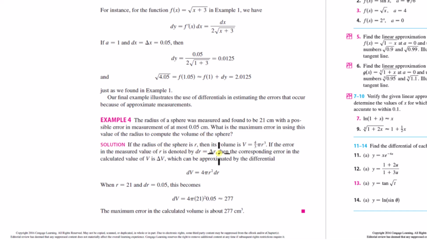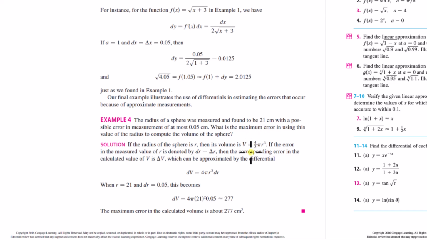Okay, so you could approximate this if for some reason it was hard to do what I just talked about. If that was difficult, you could approximate it. We have this volume function here, right? This is not linear. We could approximate this function by replacing it with another function, a linear approximation at r equals 21.